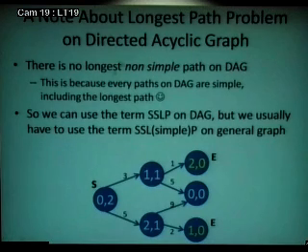When it becomes a DAG, things become much simpler. Okay, some quick notes about the longest path problem on a DAG. Again, like last week, I said that there is no non-simple path in a DAG. Every path will be simple because you can never repeat, you can never cycle in an acyclic graph. So when we say SSLP on a DAG, we never mention whether it's a simple path or non-simple path because there is no difference.